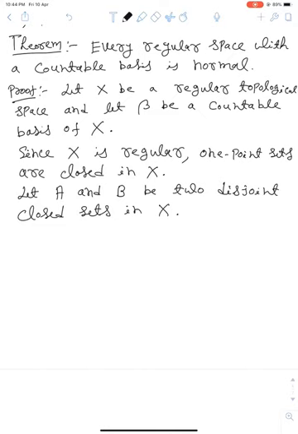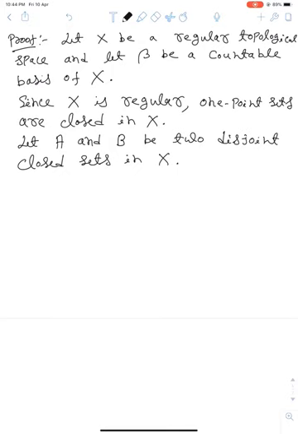And we need to find two open sets, say U and V, such that A is a subset of U and B is a subset of V and U intersection V is empty. So we need to find two such open sets. This is our job, to find those open sets, right? Now first of all, we have to use the property of regularity and the countable basis, right?